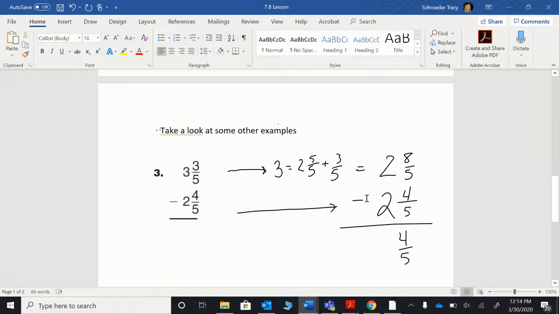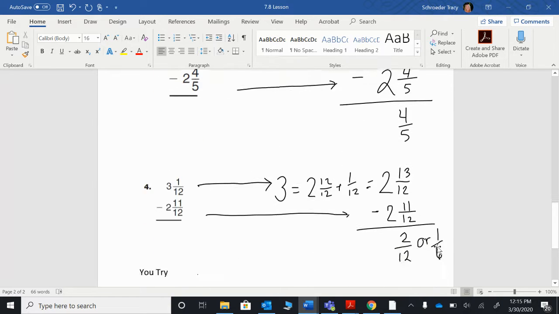Then I subtract my 2 4/5, which you notice did not change. When I'm all done, 2 take away 2 is nothing. 8/5 take away 4/5 is 4/5.